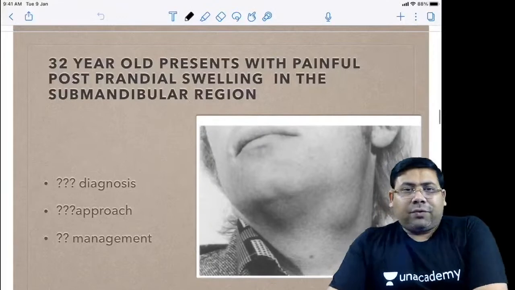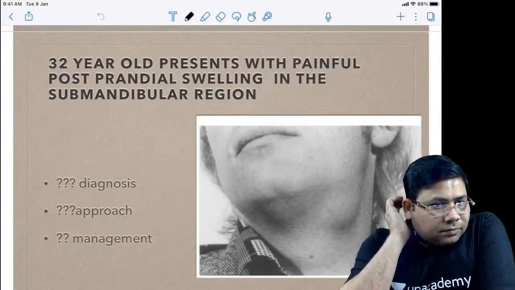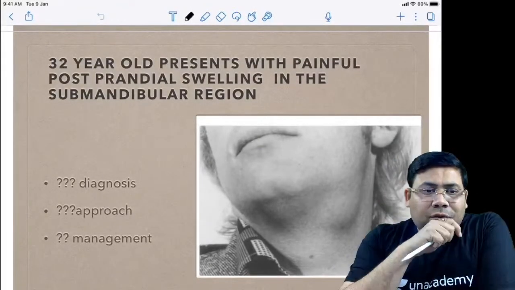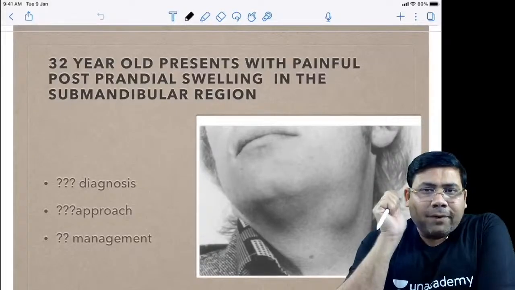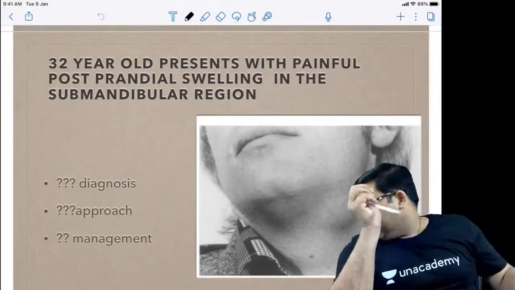Let us talk about this question. A 32-year-old presents with painful postprandial swelling in the submandibular region.